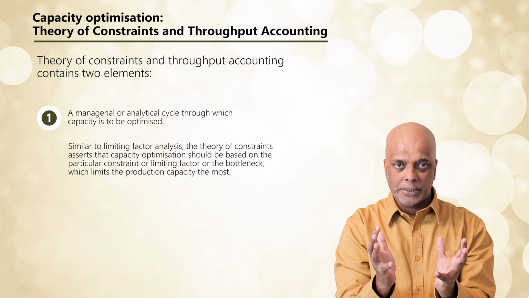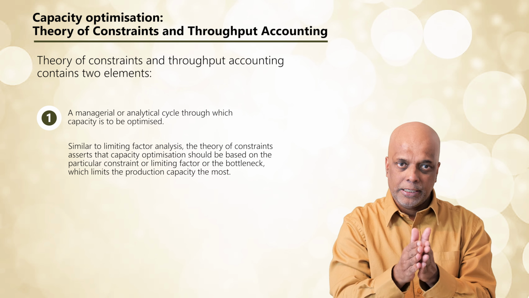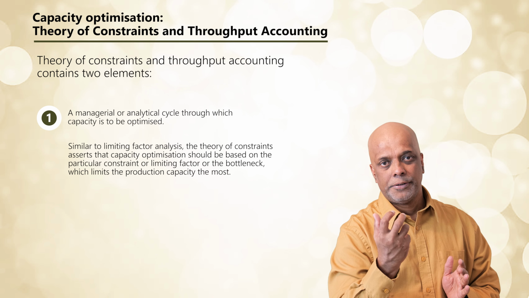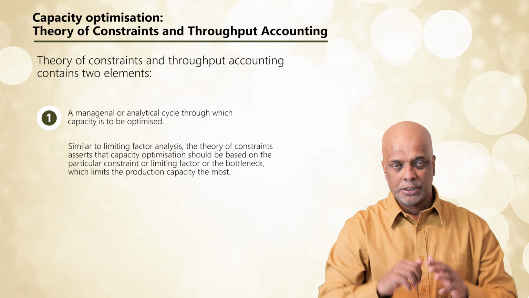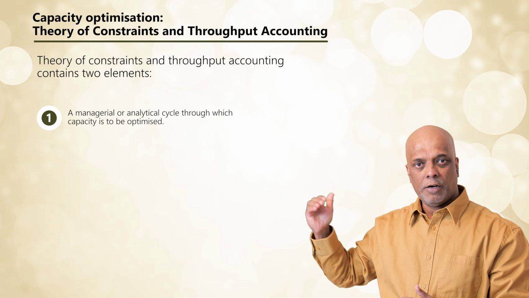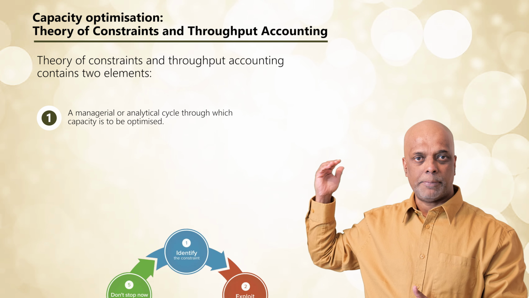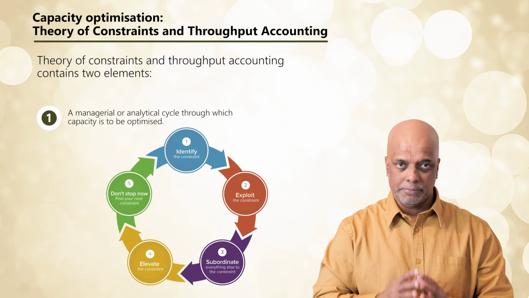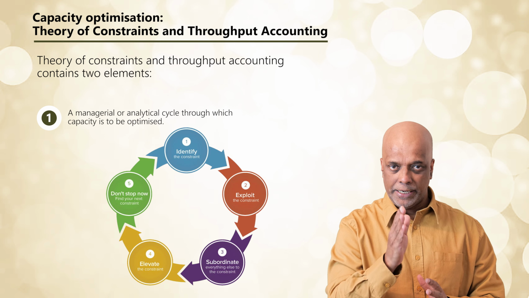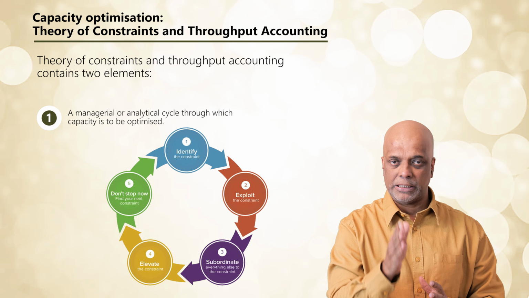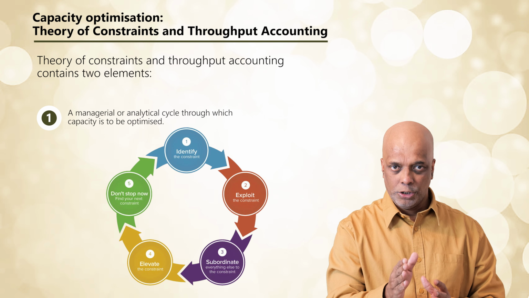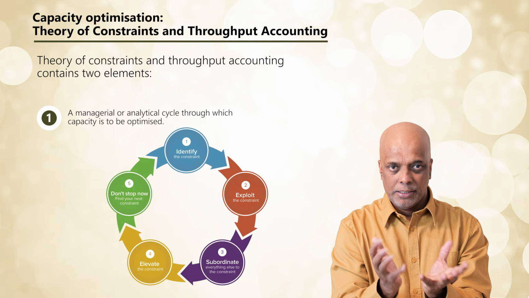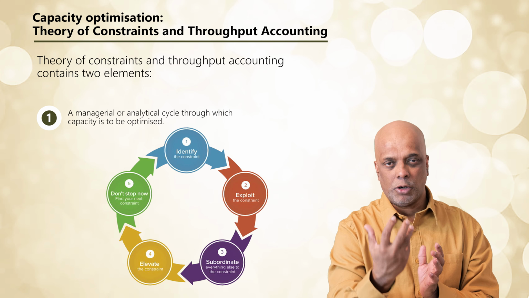Therefore, the capacity optimization should concentrate on that particular constraint. So the cycle of capacity optimization starts with step number one, which is identifying the constraint in the system. Identify the specific factor, resource, or activity which constrains the total capacity, which operates as a bottleneck.